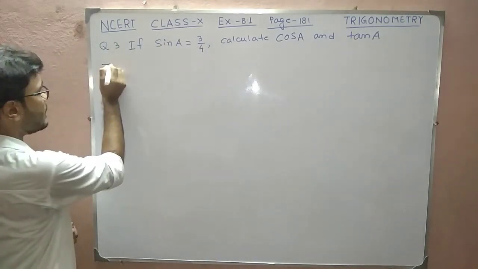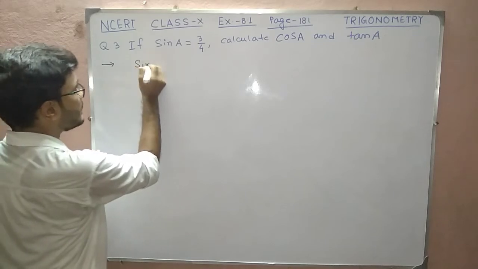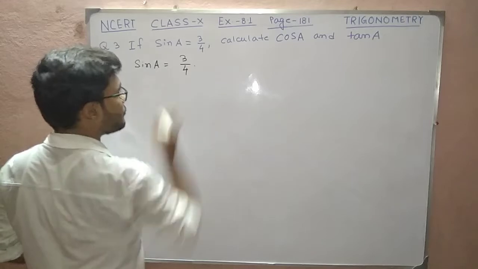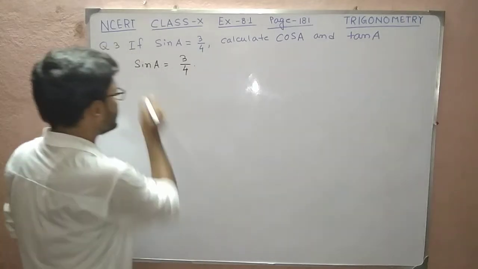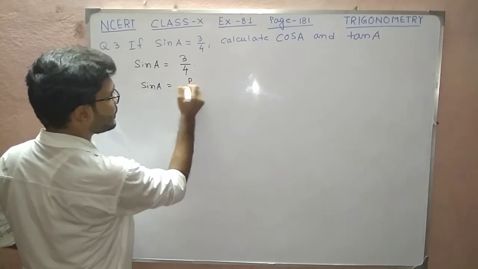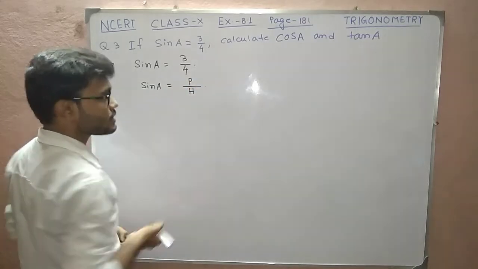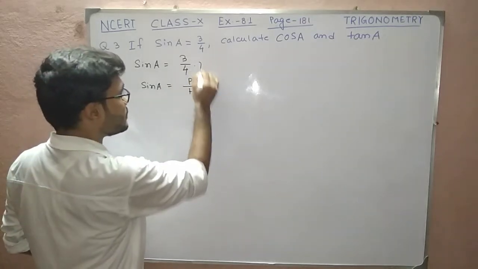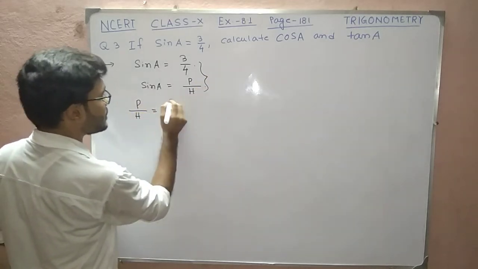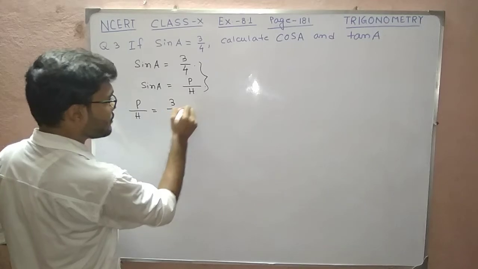Here it is given that the value of sin A is 3/4. Also you know sin theta equals perpendicular by hypotenuse. So obviously from these two you can write perpendicular by hypotenuse equals 3/4.